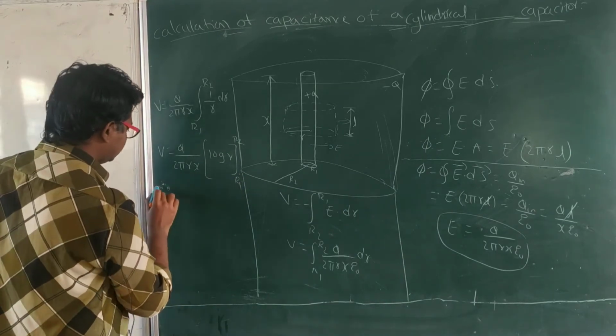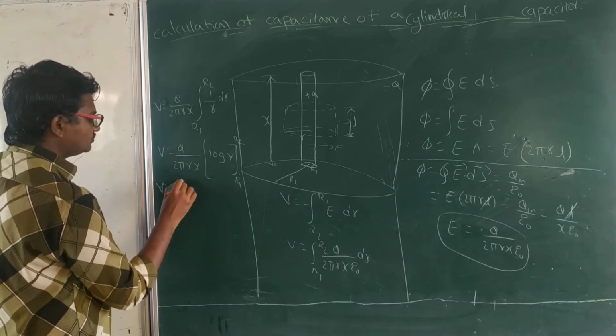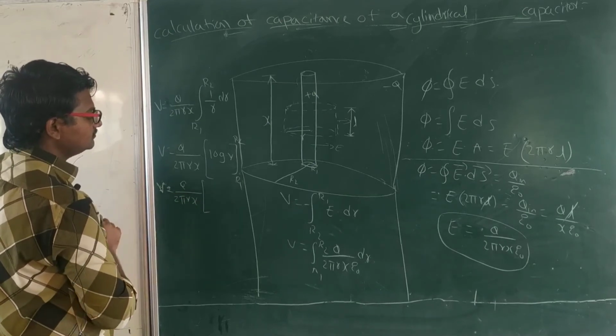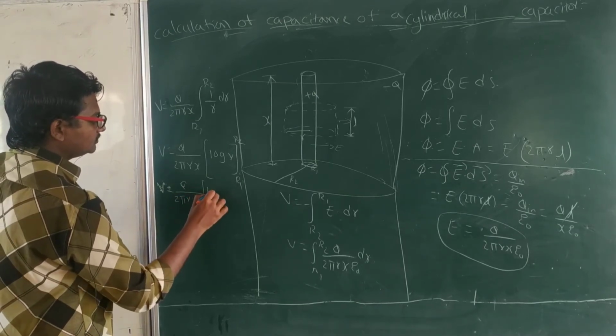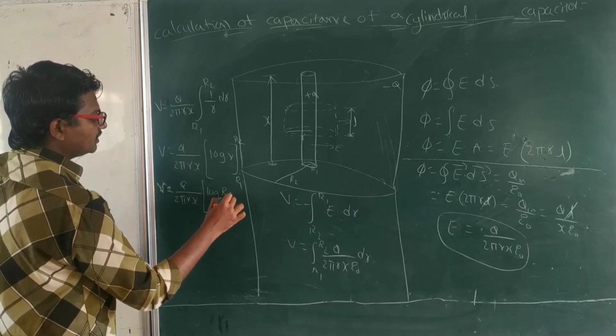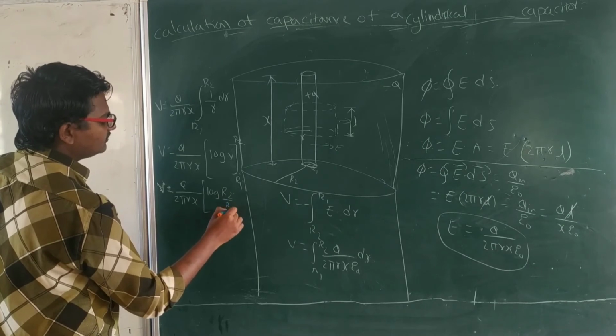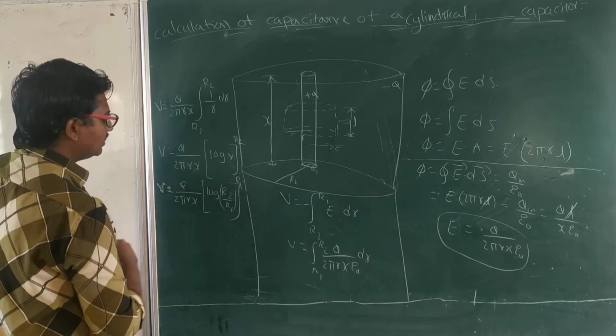Then V is equal to Q by 2 pi r x into log of R2 minus log of R1, which simply becomes log R2 by R1.